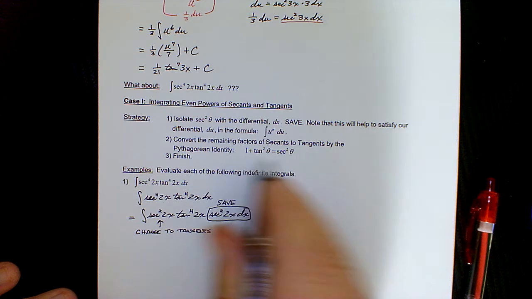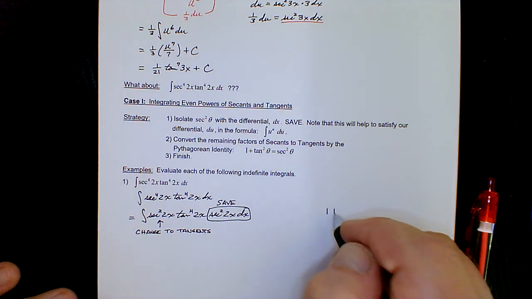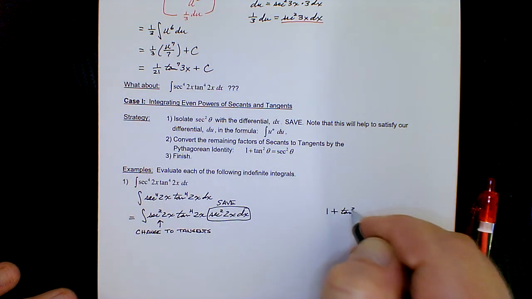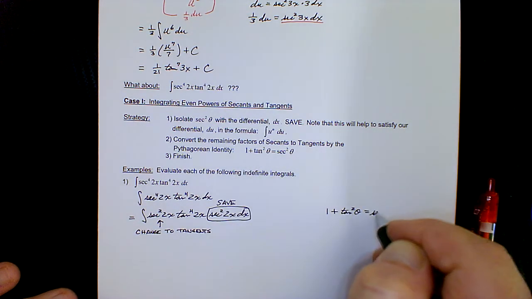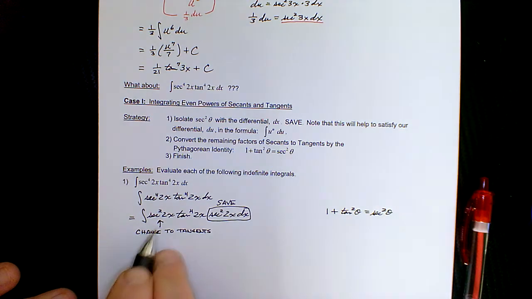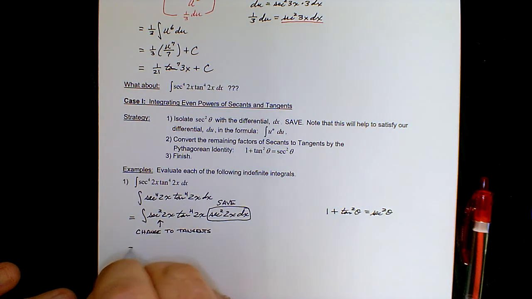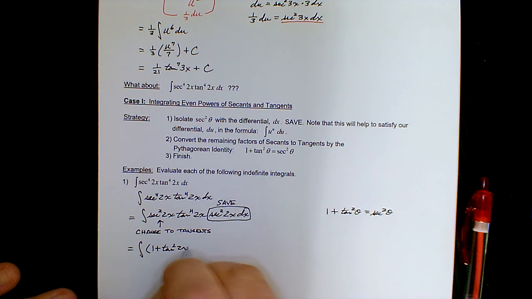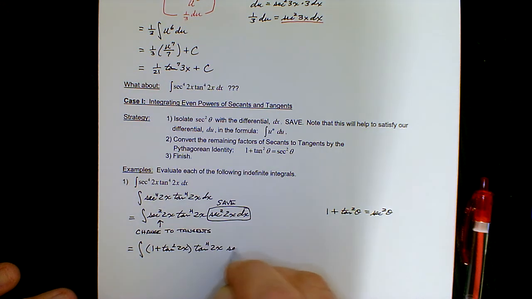And we can because, again, we have the identity that 1 plus tangent squared theta is secant squared theta. So basic replacement for secant squared of 2x gives us 1 plus tangent squared of 2x. Recopy tangent to the fourth of 2x, and the secant squared 2x dx that we saved for our du.